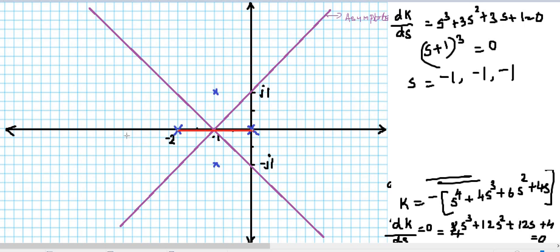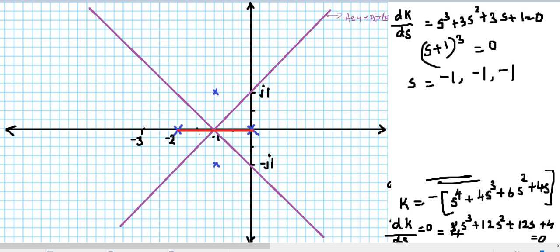And when you take another arbitrary point, minus 3, please check the right hand side of this minus 3 and count the number of open loop poles and zeros in the real axis.